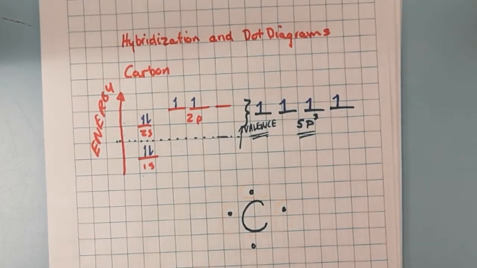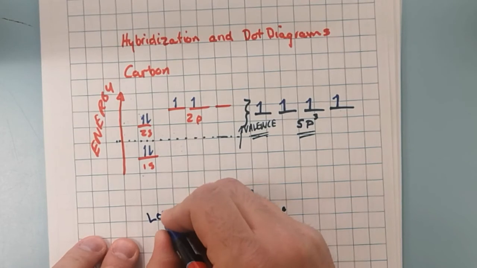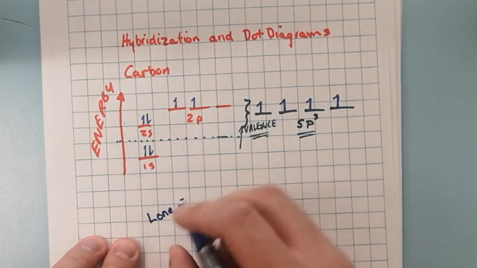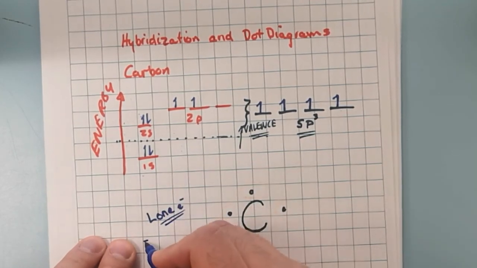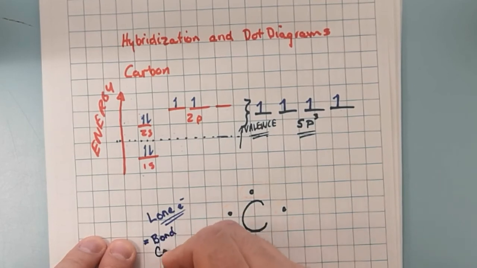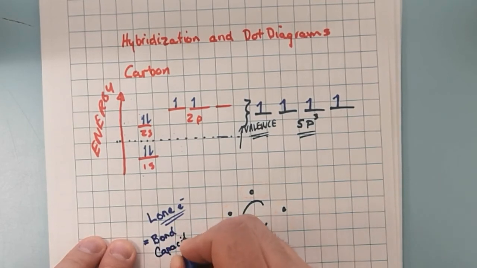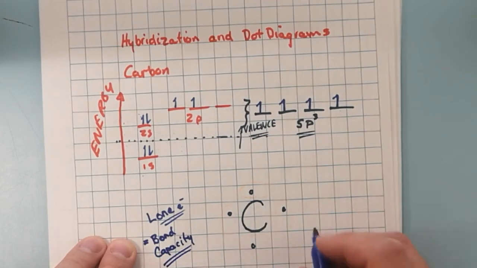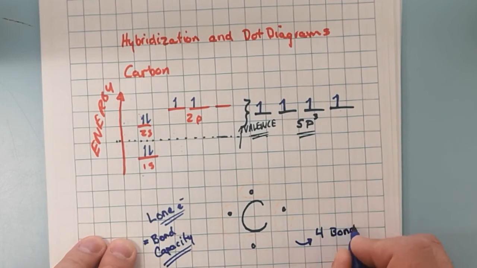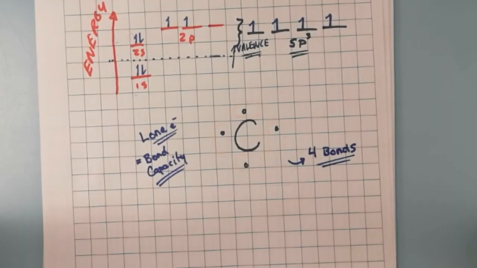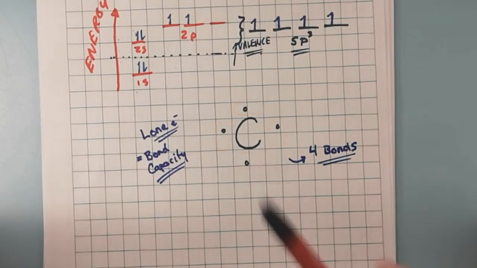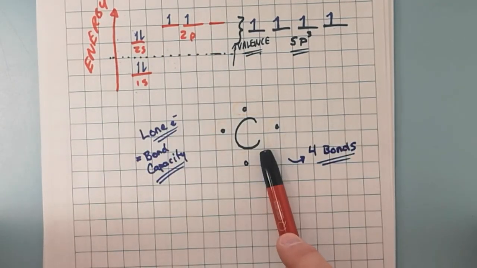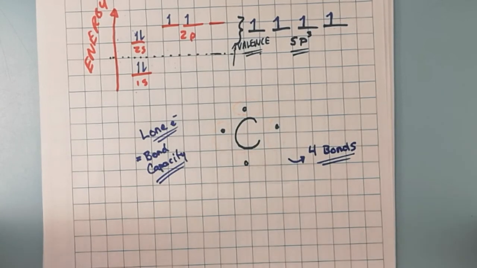It's worth noting that the number of lone electrons in our diagram is equal to what's called bond capacity. So carbon has 4 lone electrons, so it can form 4 bonds. A quick shortcut on your periodic table is, if you look at carbon, carbon is in group 4A. It has 4 valence electrons.